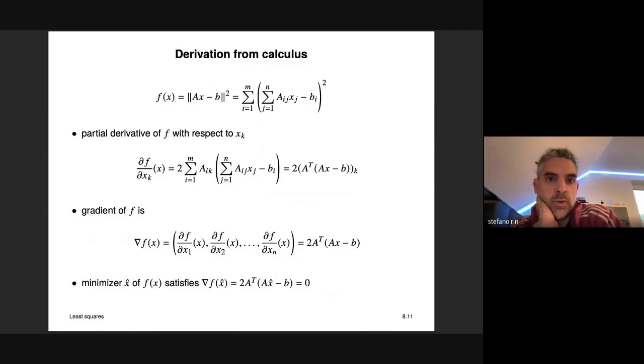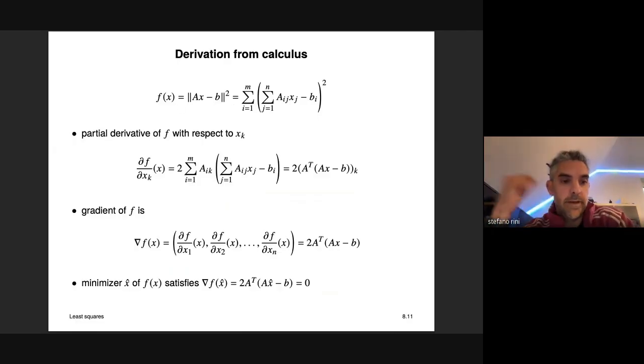Of course, we can also do a calculus derivation, and the usefulness of the derivation from the calculus perspective is simply that it teaches you what the derivative of a scalar function with respect to a vector is. Why? Because ||Ax - b||^2 is a scalar, so it has dimension 1, but you want to take the derivative of this object with respect to a vector.